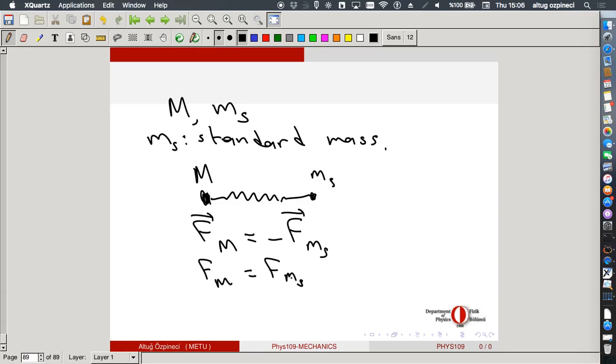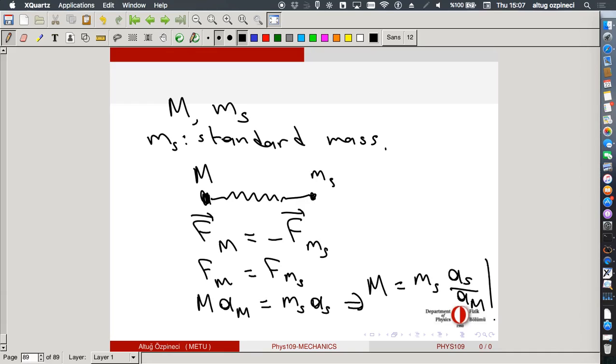But the magnitude of the force that the unknown mass m feels is nothing but, according to the second law, its mass, the unknown mass, times its acceleration. This should be equal to the standard mass times its acceleration. But this tells me that the unknown mass should be equal to the standard mass times the ratio of their accelerations.